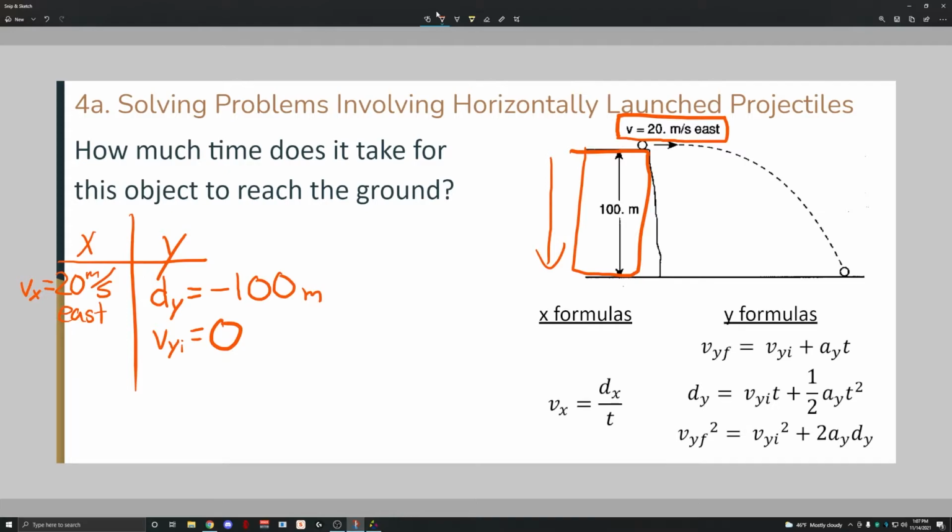And what is causing this object to fall? It's your acceleration due to gravity that is pulling the object to the ground. And the question wants you to find the time it takes for the object to reach the ground. So what is t?